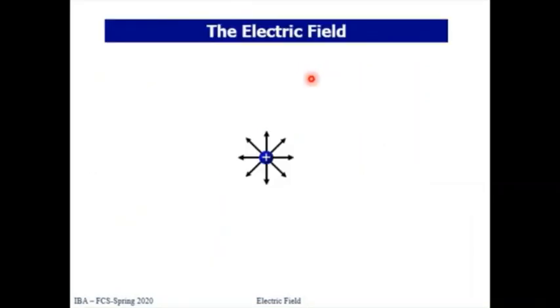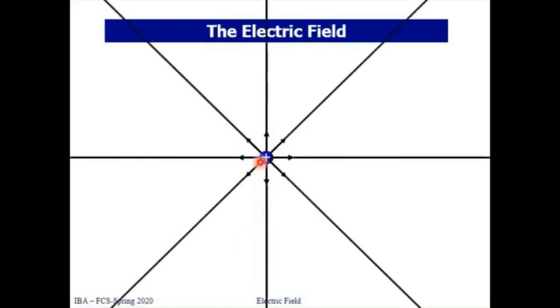Okay, let's focus on the leftover question: how does one charged particle know the presence of another charged particle in the vicinity? Or we can ask, how can there be such an action at a distance between two charges? So let's suppose we place a positive charge here, and immediately lines of force evolve in no time and fill all of the space.